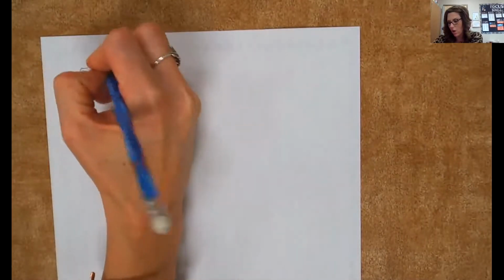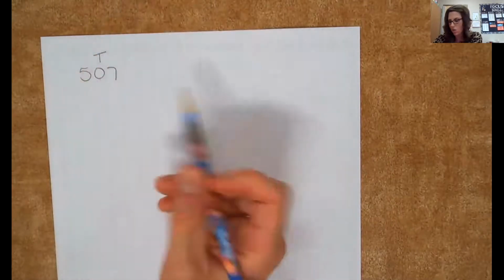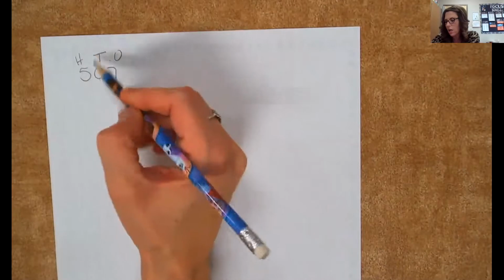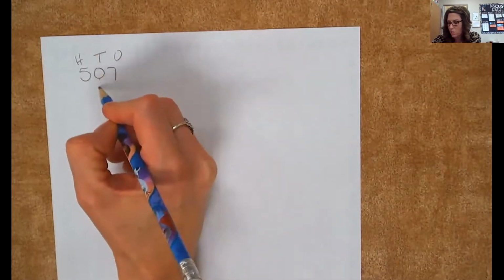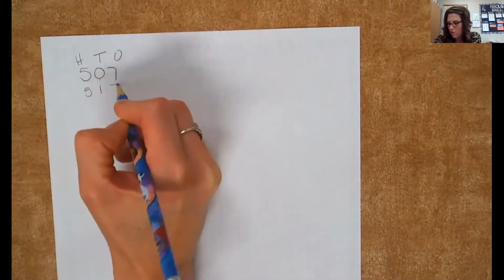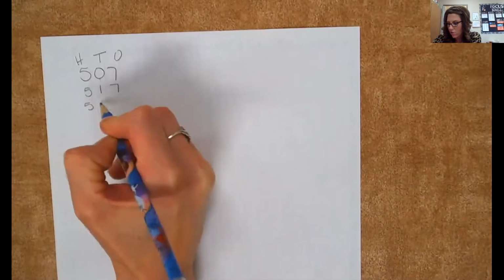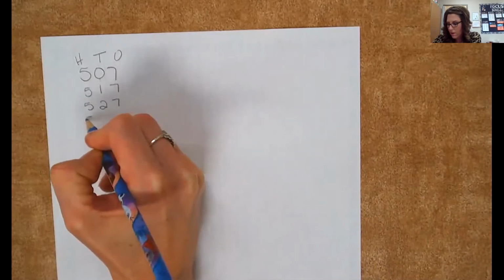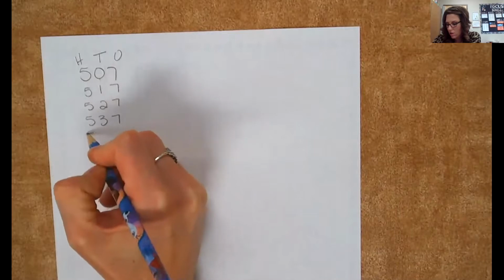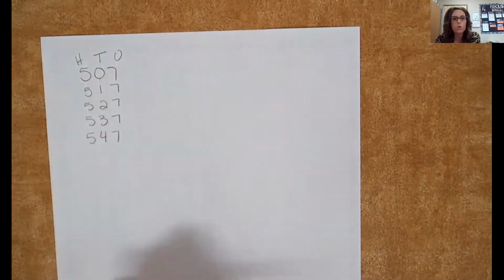So I want to look at all the numbers in my tens column. So here's my hundreds column, my tens, and my ones. If I want to count by tens, I'm just going to increase this by 1 every time. So 517, 527, 537, 547, and we would just keep going.